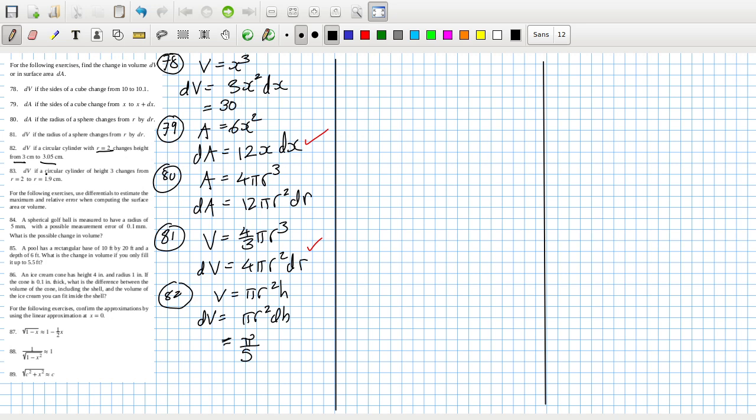Where's 83? Did I skip it? Oh, I did skip 83. So dV will be 2 pi r h dr. That would be 2 times pi times the radius times the height times d height, dh, which is negative.